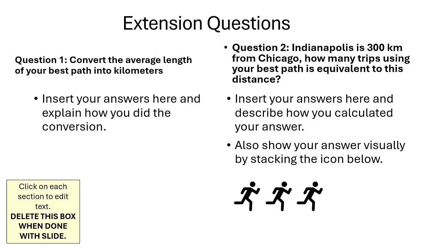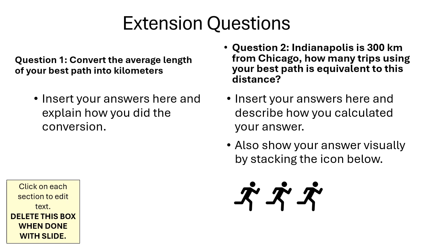On this slide, you're going to answer 2 extension questions. The first one is, what is the length of the best path in kilometers? So you're going to convert the length of the best path into kilometers and explain how you did the conversion. Question 2 then says, Indianapolis is about 300 kilometers from Chicago, so how many trips using your best path is equivalent to this distance?